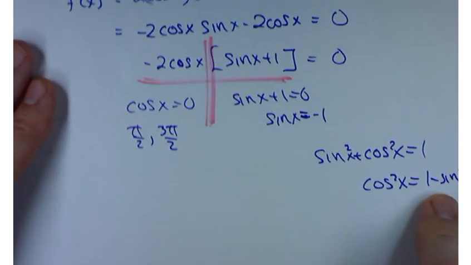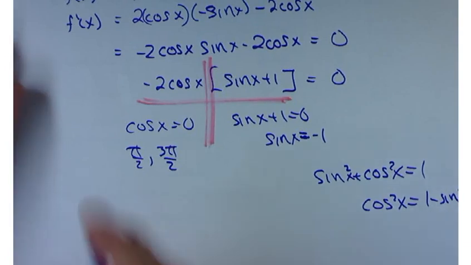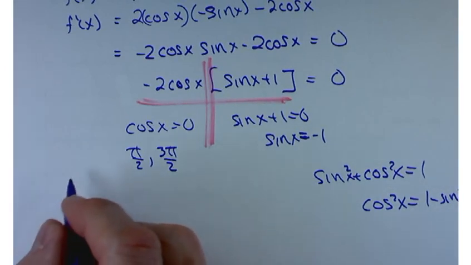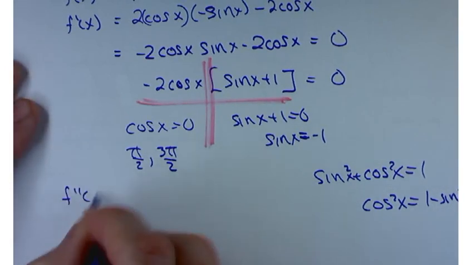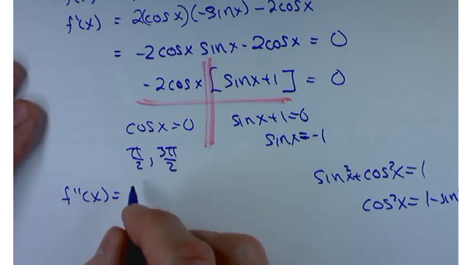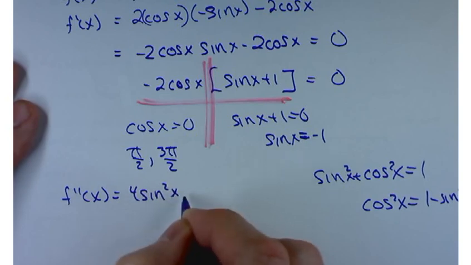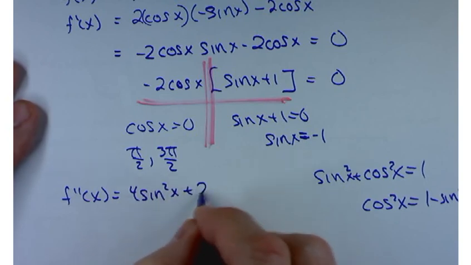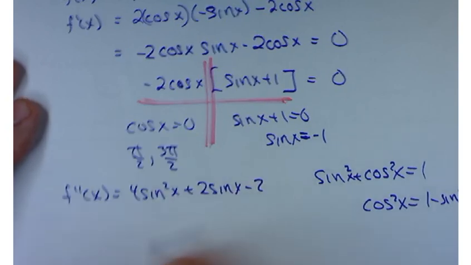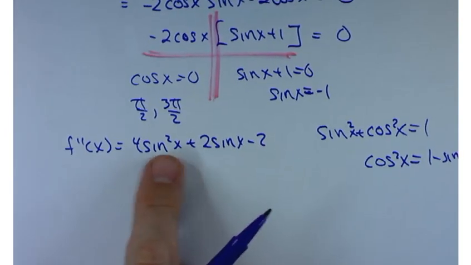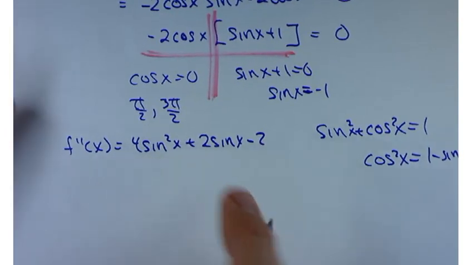And working with that, you can eventually get this expression for the second derivative. F double prime of x is 4 sine squared of x plus 2 sine of x minus 2.